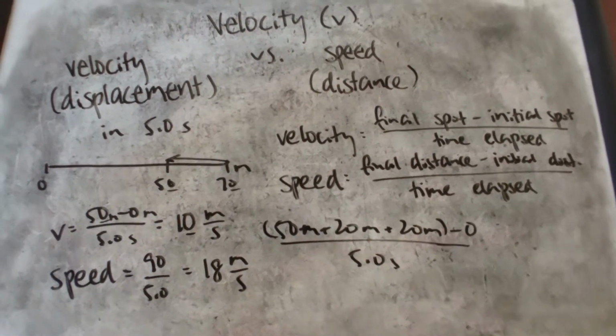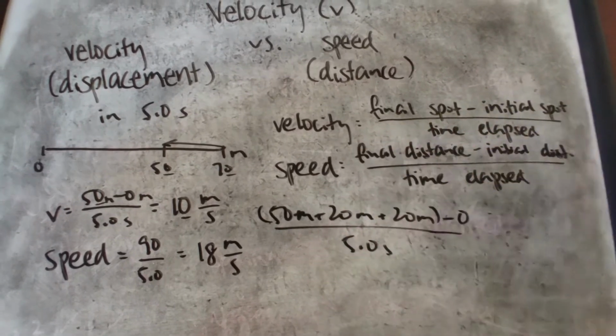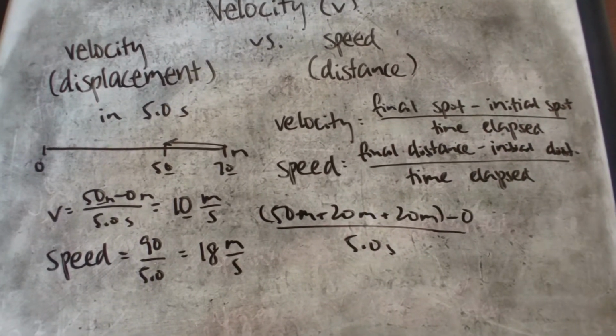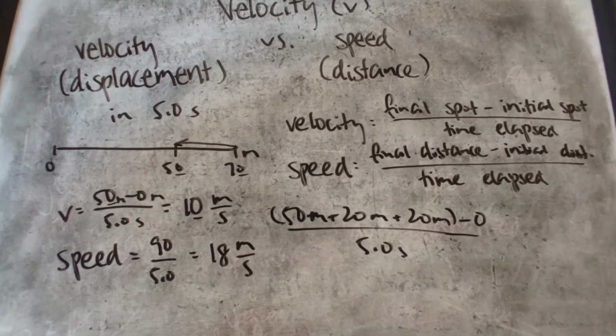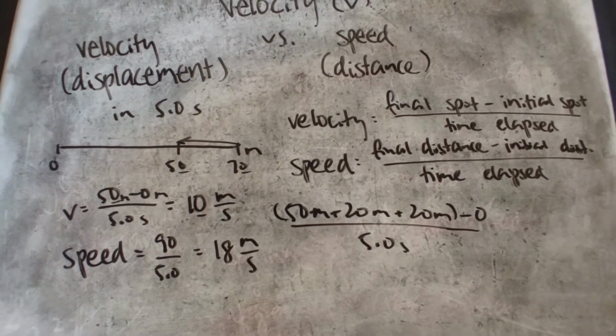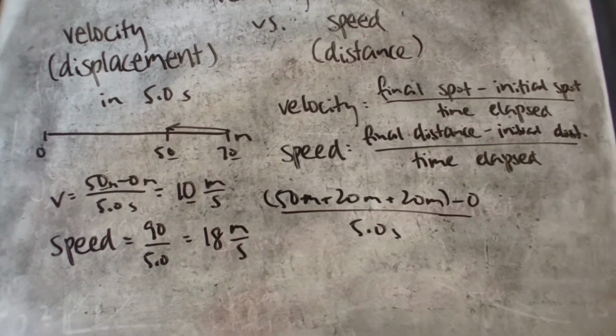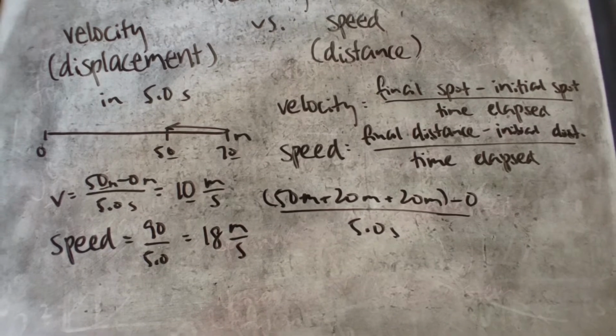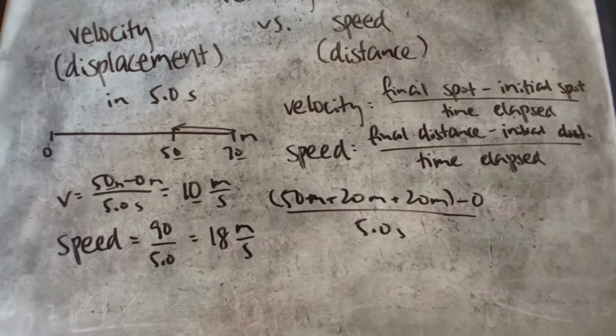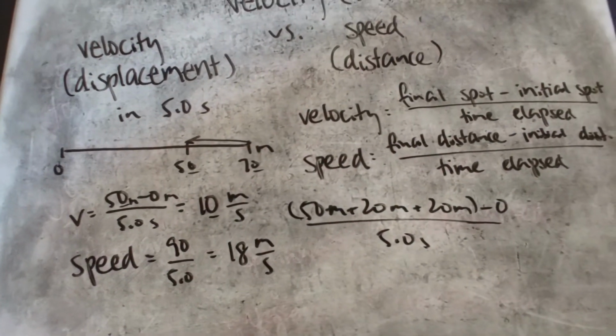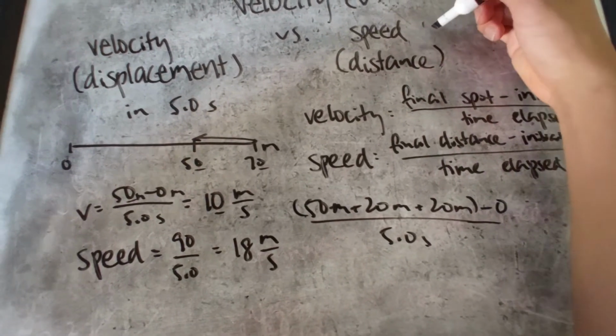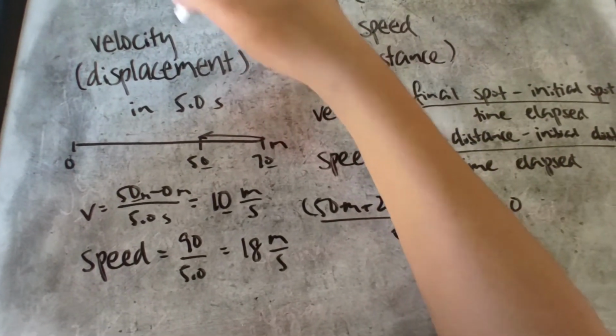So the equation would be the velocity is the final displacement or spot minus the initial spot over the time elapsed, which is the time it took to travel that length, while the speed is the final distance minus the initial distance over the time elapsed. Now, also one thing to point out is that speed doesn't have a direction, but velocity does.